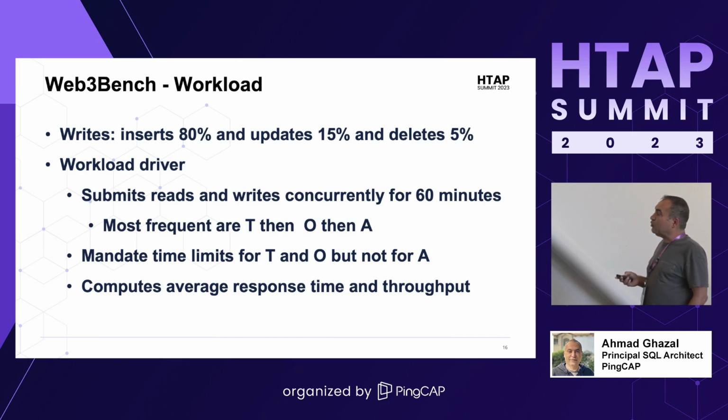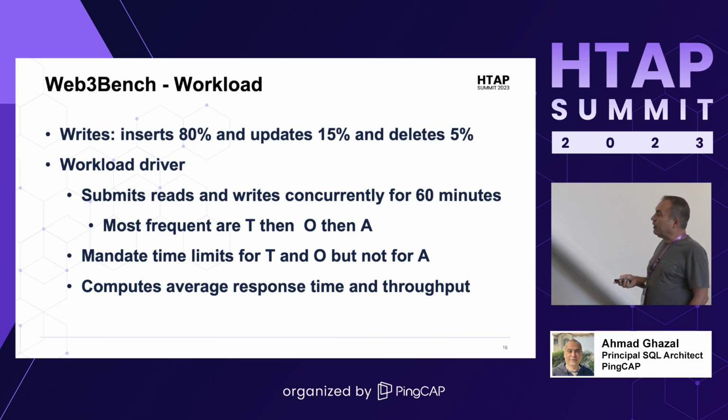And we built this workload driver. I'm not showing some of the details here, but later on when we have this as open source, you can see them if you're interested. So we have defined some SQL queries and some DML for these buckets.